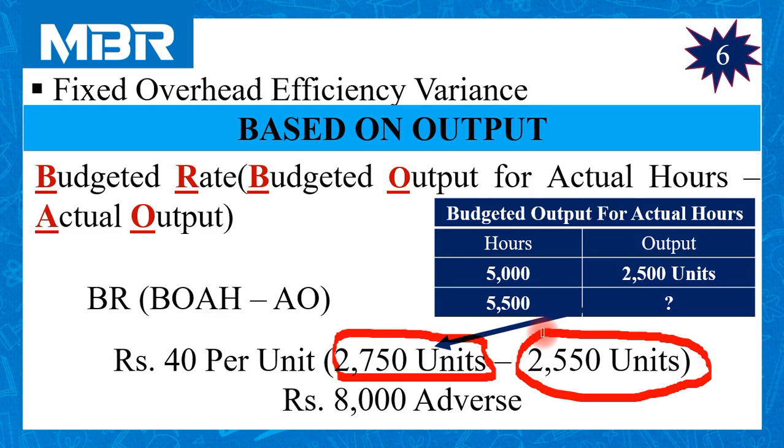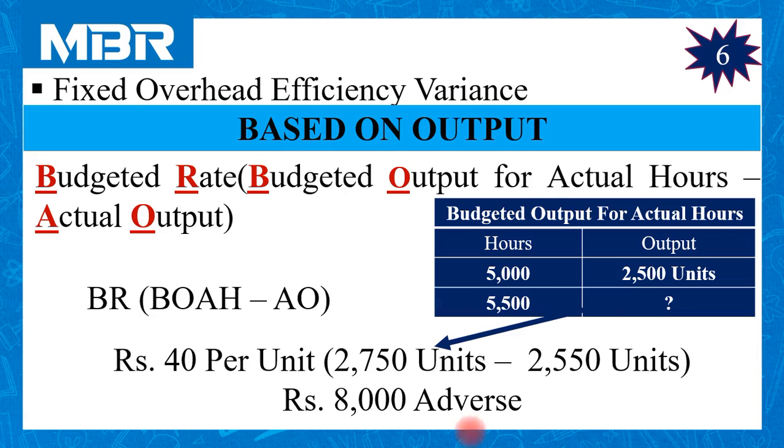So here we have produced 200 units less than our efficiency level. When you produce less than your efficiency level, this is referred to as negative or adverse. I would like to put to your notice that information of IT is not given for all 6 variances.